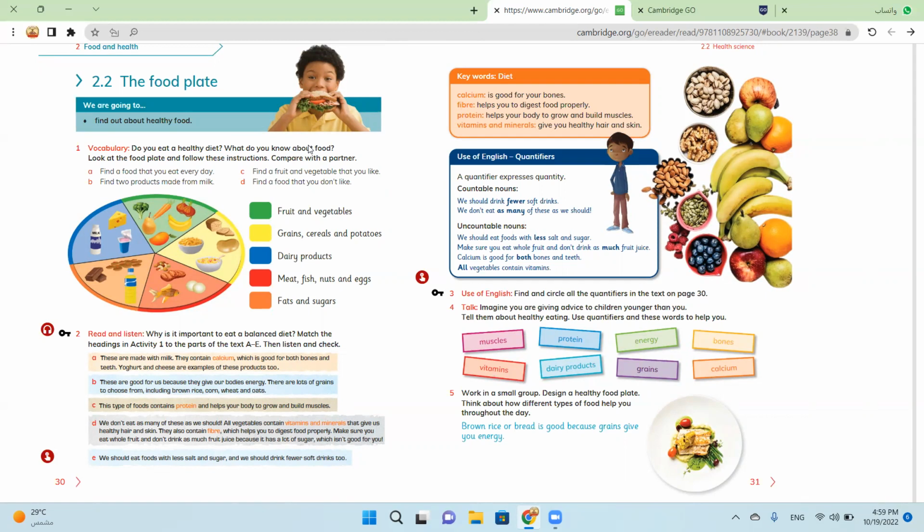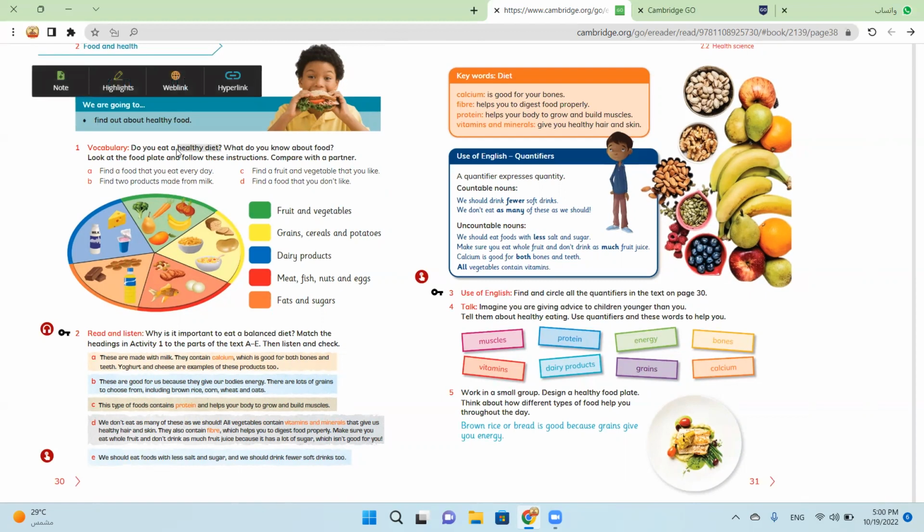We are going to find out about healthy food. And also, like I said earlier, we will learn more about a healthy diet, to help our bodies become stronger and to help us become healthier.